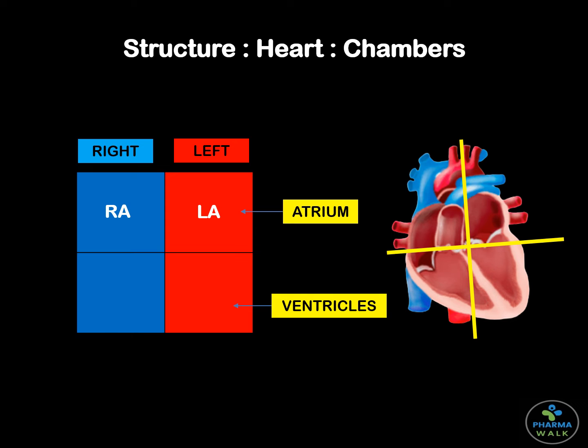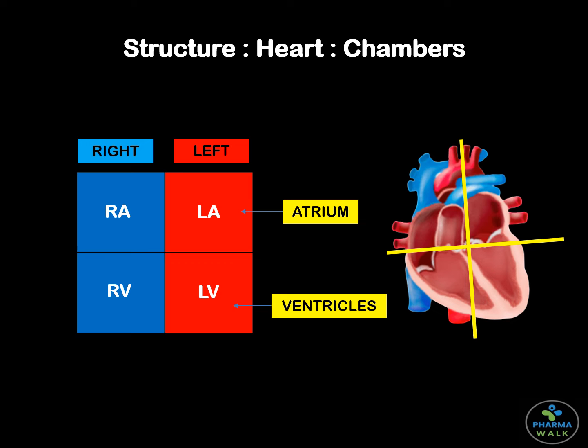So again the same thing, this portion is known as the right ventricle because it is located on the right side and the lower side. And that red color portion which is located on the lower side and the left side is known as the left ventricle.